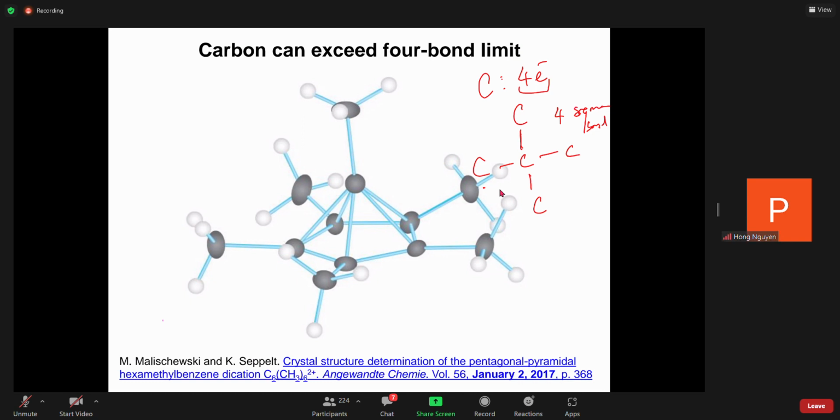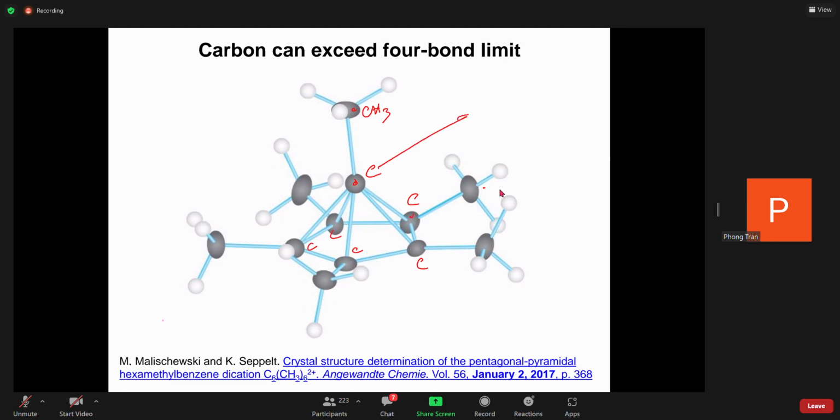Now, in 2017, one group in Germany came out with the crystal structure of this compound. You can see here, carbon, CH3, another carbon, carbon, carbon, carbon.